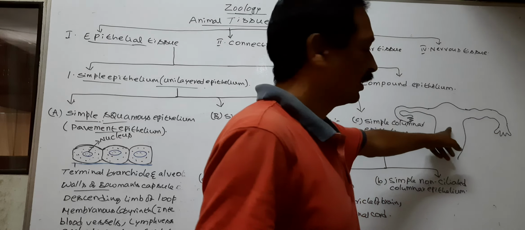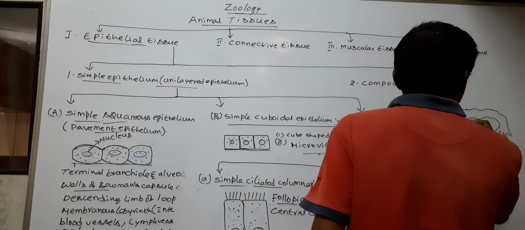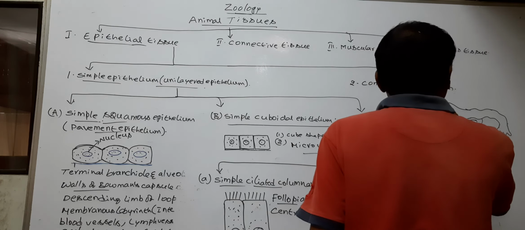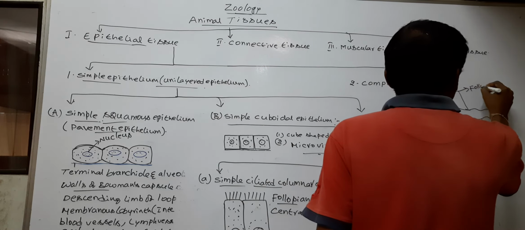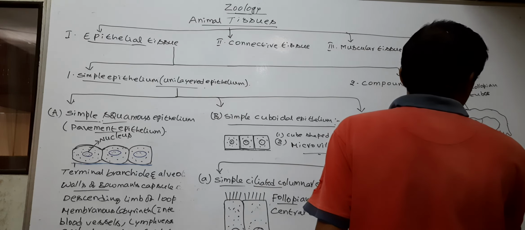So this is the female reproductive system. The female reproductive system consists of a pair of ovaries, a pair of fallopian tubes, next uterus.